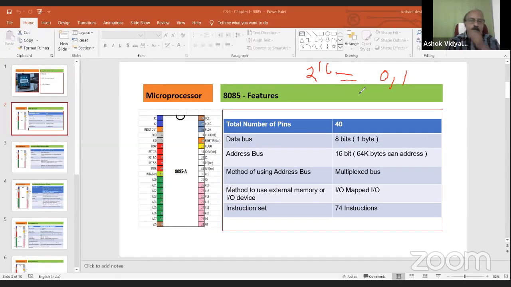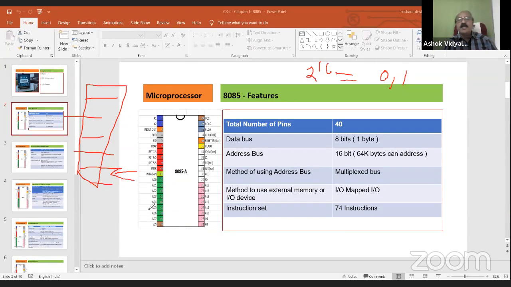So the total memory locations that can be accessed by this microprocessor chip 8085 is 64K bytes. So 64K bytes of memory can be addressed by this microprocessor.